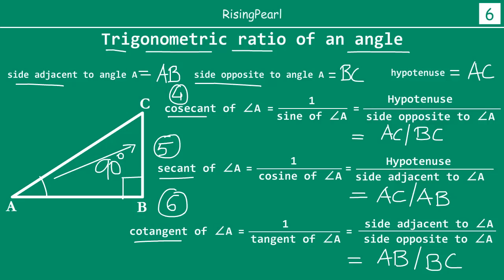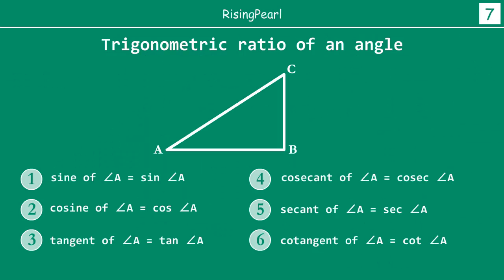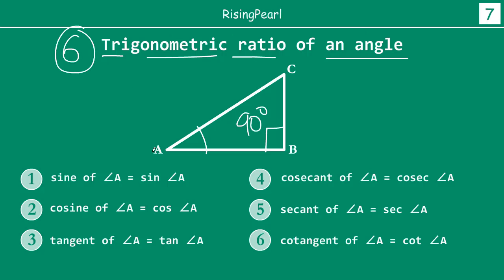So friends, this is what is meant by trigonometric ratios of a particular angle. All of these are for our angle A. So the 6 trigonometric ratios of angle A are sine of angle A, cosine of angle A, tangent of angle A, cosecant of angle A, secant of angle A and cotangent of angle A.